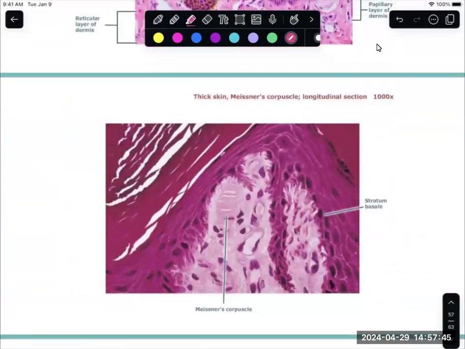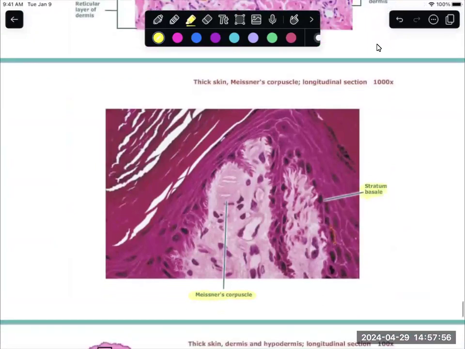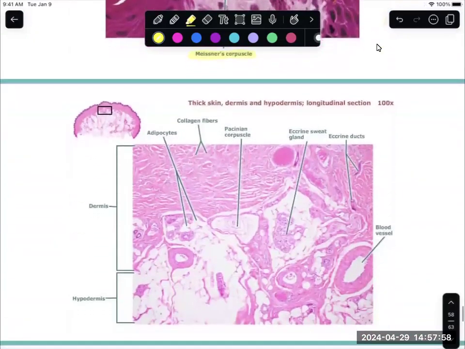So here is that Meissner's corpuscle, just a closer view of it. You can even see that stratum basale, that very bottom layer of the epidermis. Here we're getting into that dermis, hypodermis. So we have that Pacinian corpuscle or lamellated corpuscle, same thing. I accept both.